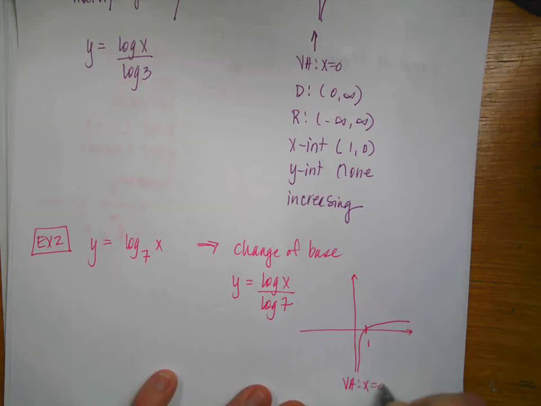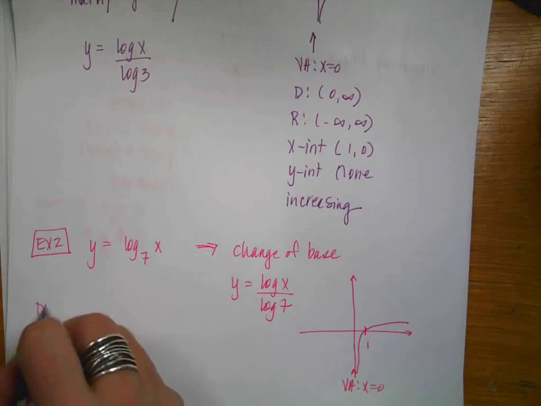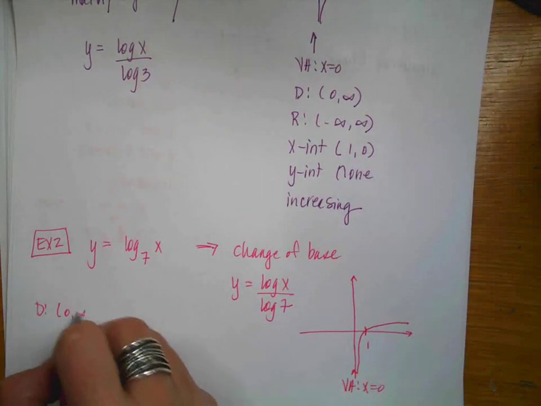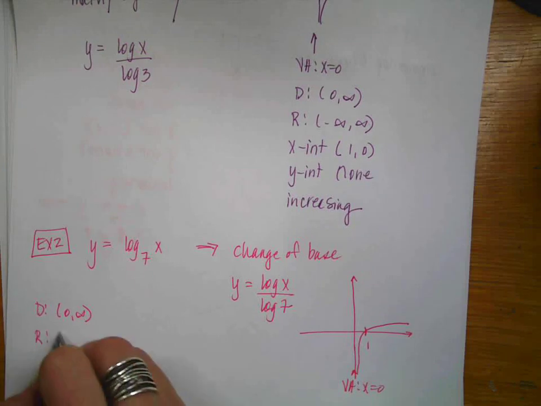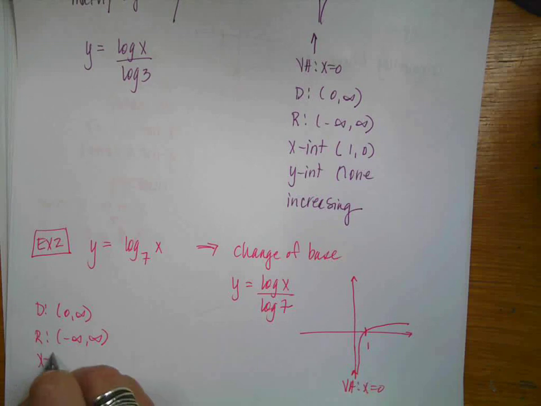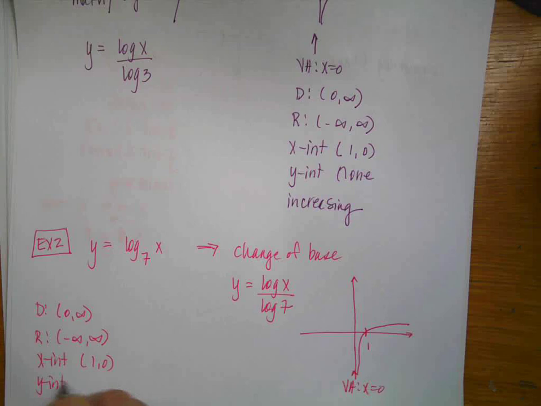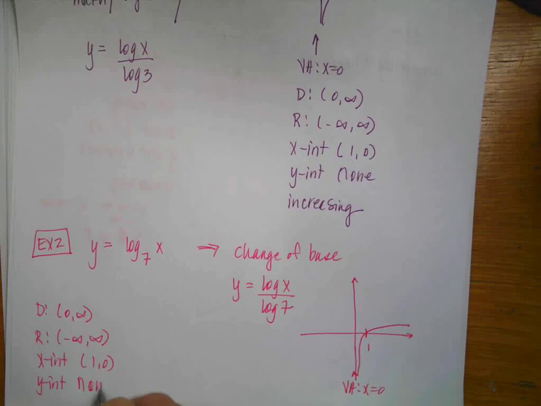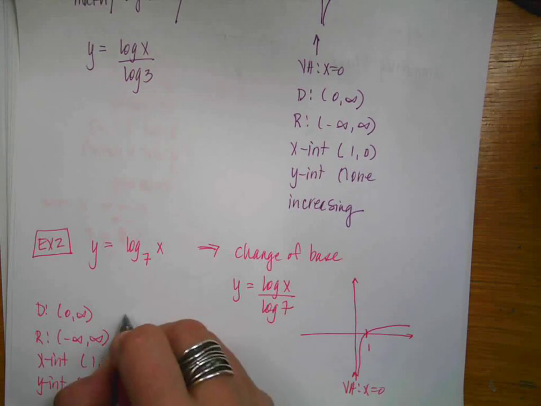I know that I have a vertical asymptote at x is equal to 0, which is right there, okay? I know that my domain is still going to be 0 to positive infinity. The range is negative infinity to positive infinity. The x-intercept is 1, 0. The y-intercept, there's still not 1, okay?